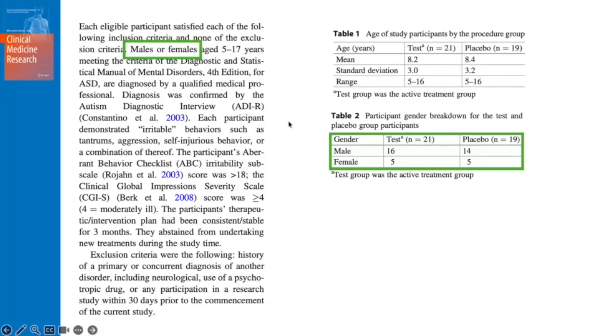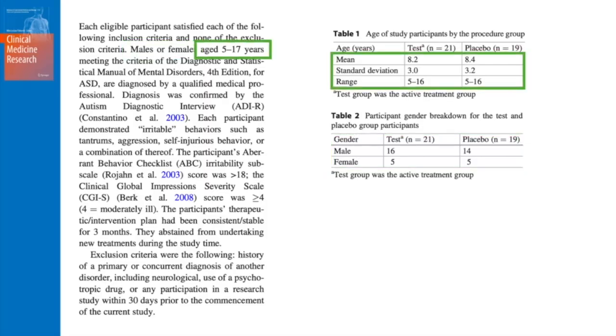But you can have some studies where they say we recruited males, and in the results you have males and females. So this will be a kind of discrepancy between the results and the selection criteria. You can also check many other things. So we will check the age, let's say people who are aged between 5 and 17 years. And then we can check the mean was 8.2, 8.4.